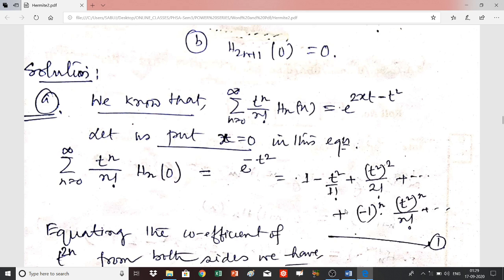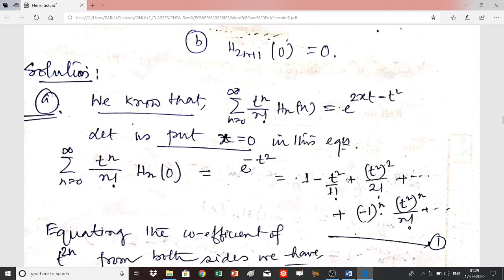The final term will be minus 1 to the power n for the nth term, and here will be t square to the power n by n factorial. It is not very difficult to understand; this is the last term of the series.